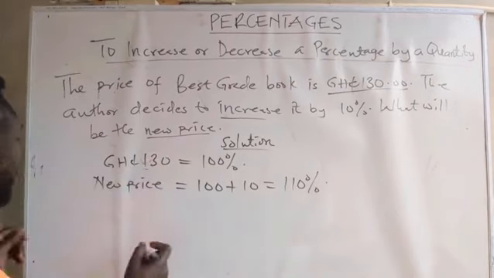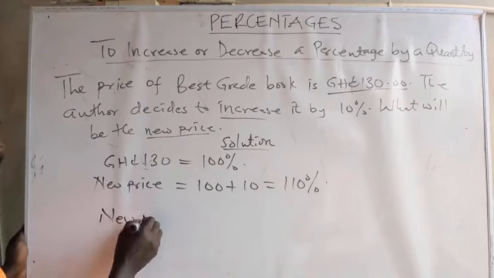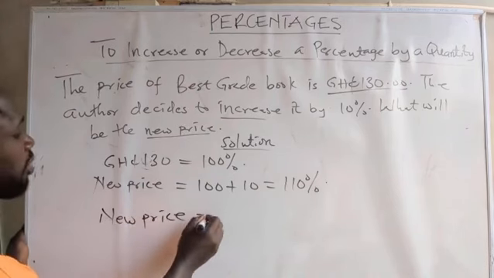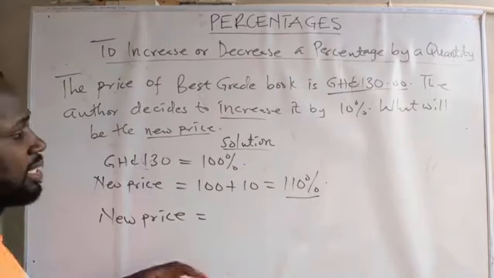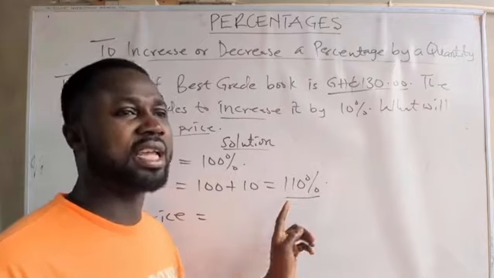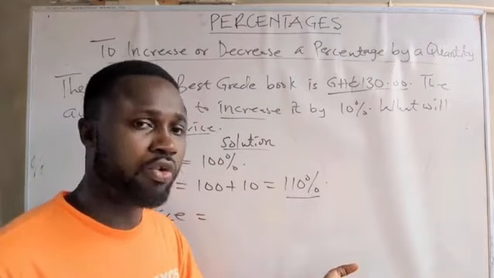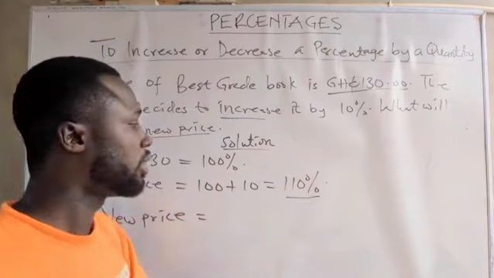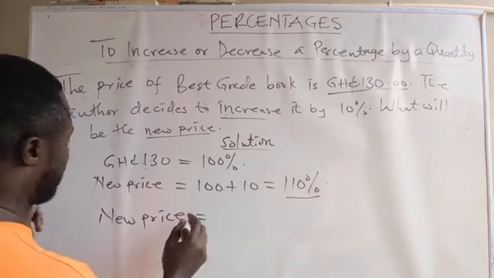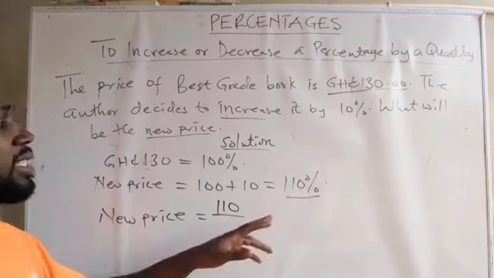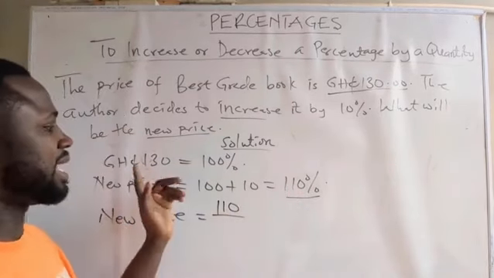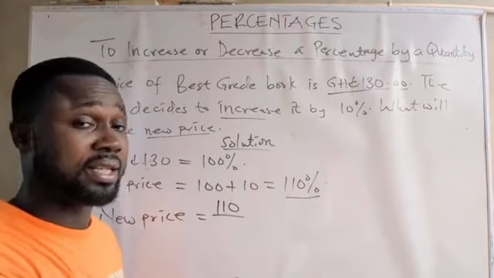So if I'm looking for the new price in terms of value, then my new price will be what? I'm looking for 110. That is the percentage in which its value is unknown, or what I'm going to look for. So that becomes the numerator. Then since I'm dealing with percentage, I cannot divide by any other. I have to divide by the same percentage.